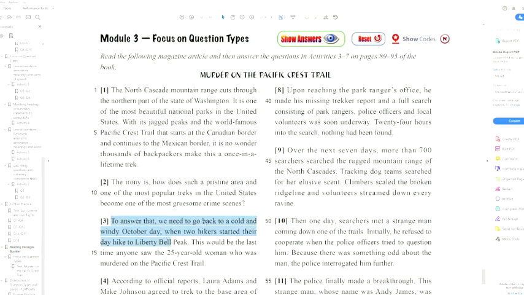To answer that, we need to go back. And here it says words or phrases. So the phrase is definitely to go back.